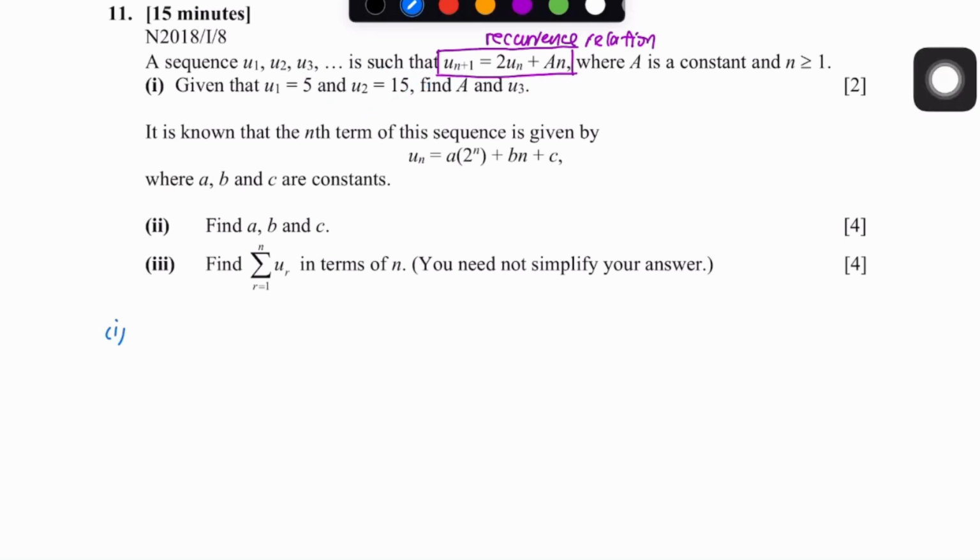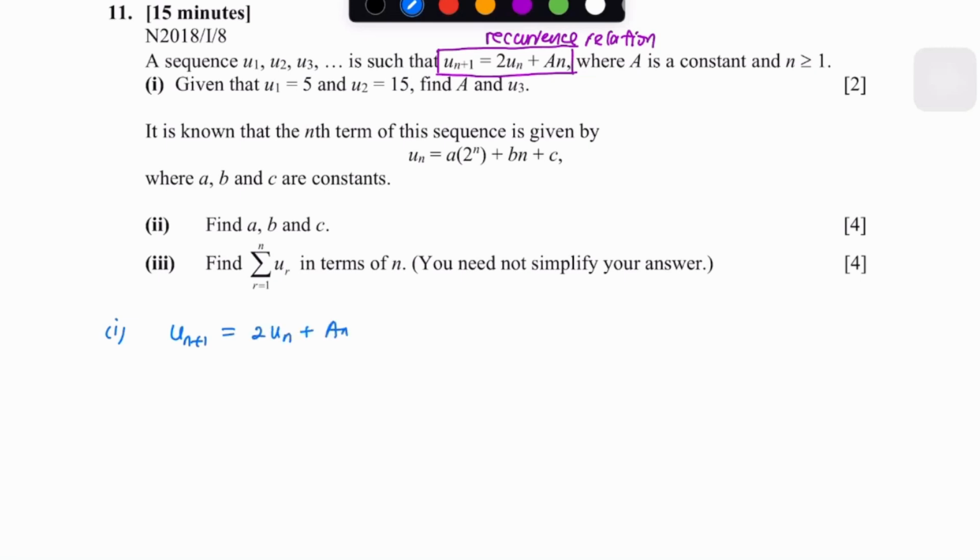So we make use of this first. They give us the first two terms, so let's link the first two terms in this formula using this expression. U of n plus 1 is equal to 2 times U of n plus A times n. So U2 would be equal to 2 times U1 plus A times 1, sorry, A times n, so A times 1, because n plus 1 is 2.